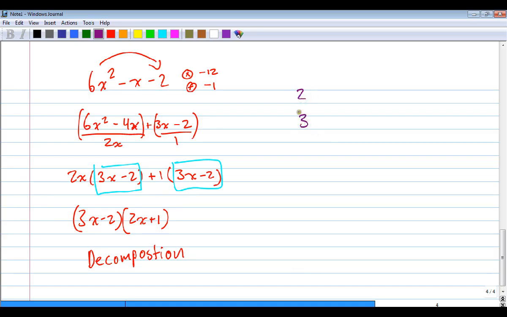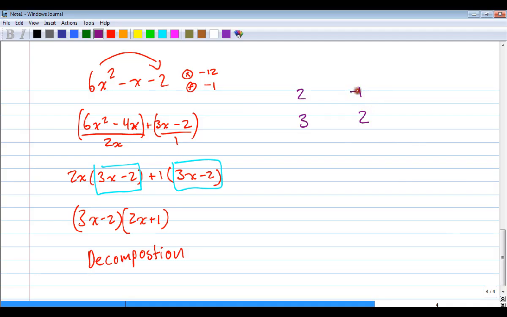2, 3, and then this has 2 has factors of 1 and 2, correct? Now, these both have to be positive, because I need positive 6, yeah? One of these has to be negative, doesn't it? Right? So you guess.